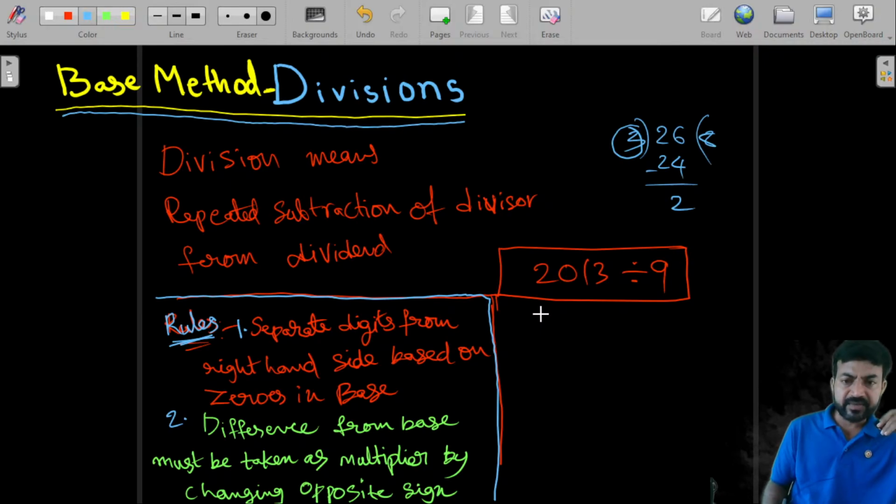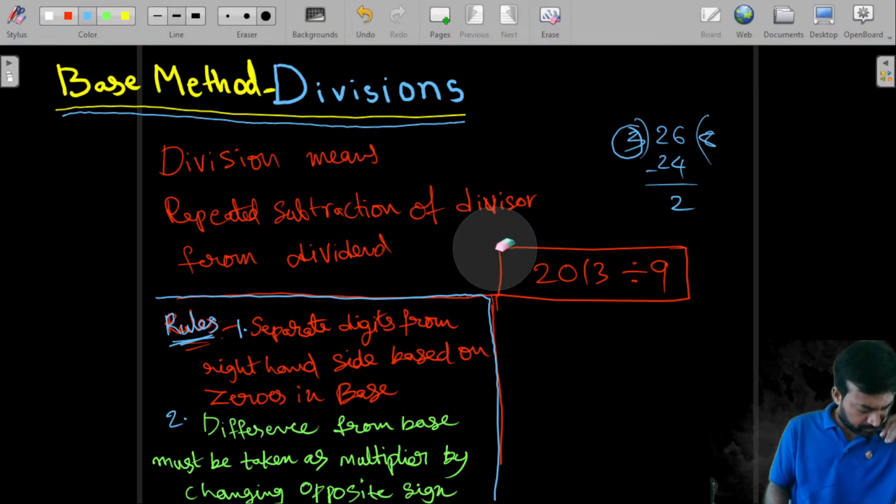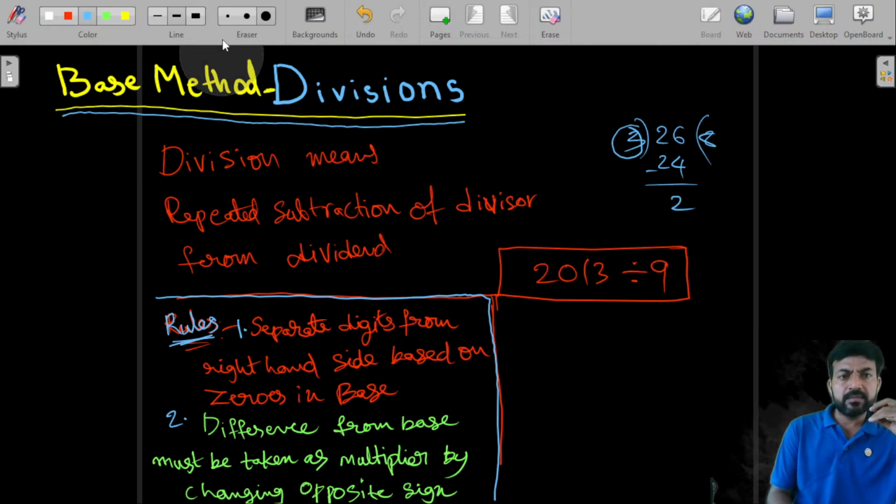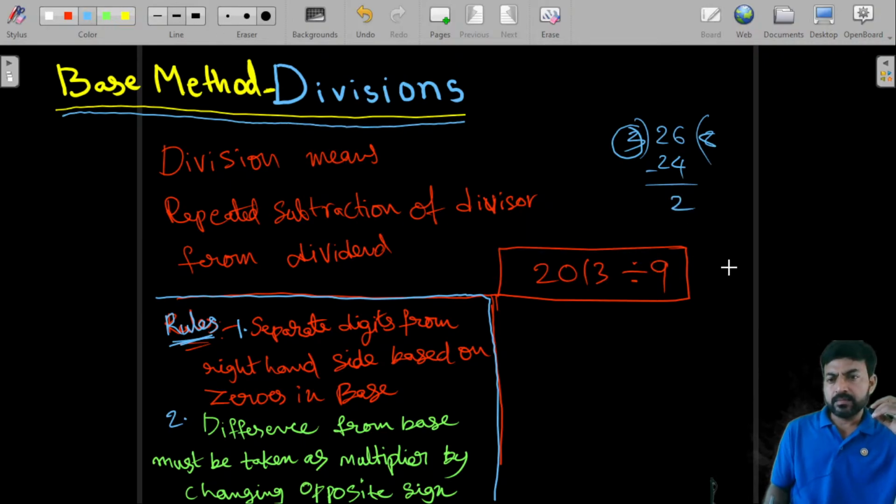Did you complete this division? Yes. Quotient is double two three and remainder is 6. How did you get double two three? You got 3. 9 2s are 18. Remainder is 2.